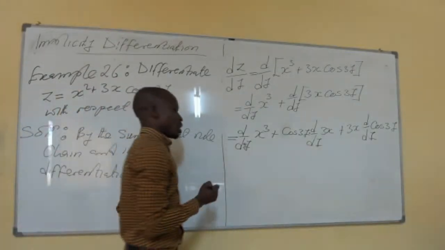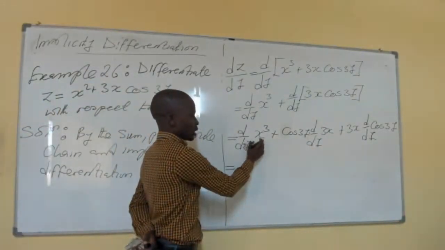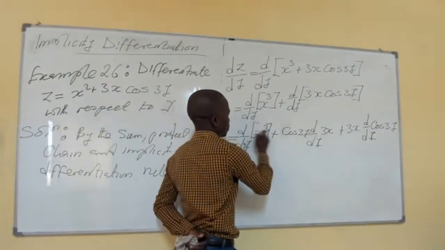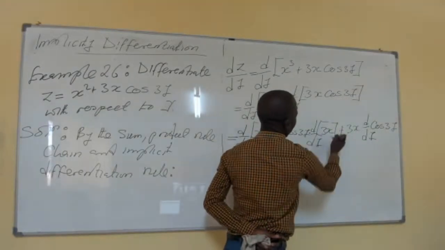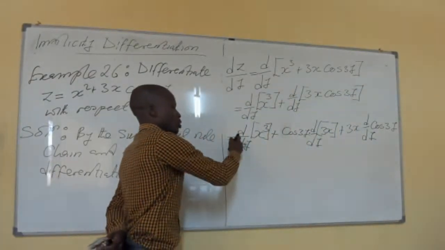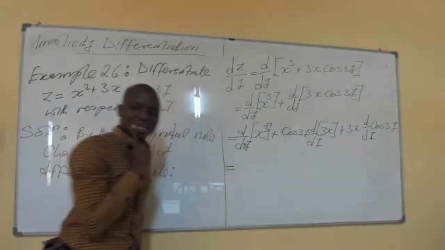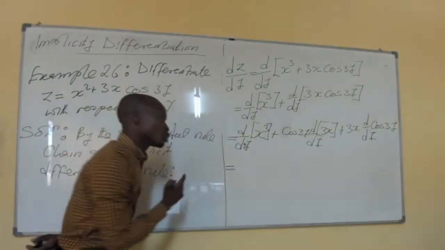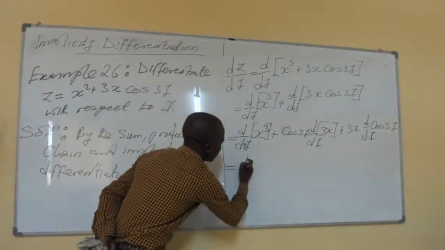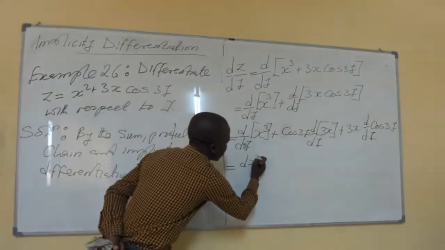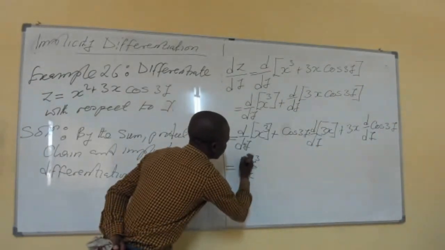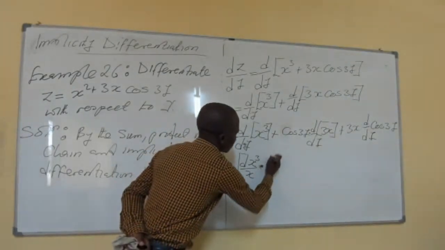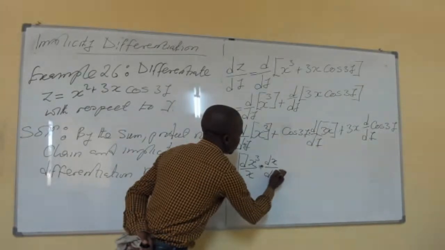So this is the derivative of x cubed with respect to y. If we apply the implicit differentiation method, we are going to have the derivative of x power 3 with respect to x, times the derivative of x with respect to y.